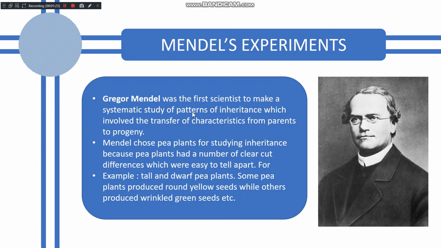Understood? So in this way the pea plants have different characteristics, 7 different characteristics, and that's why the pea plant attracted Mendel and he selected it.